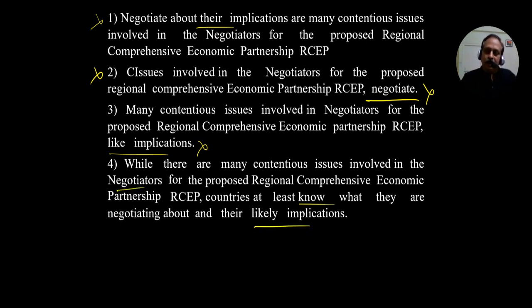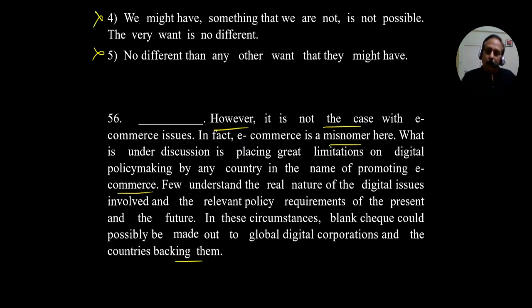In the case of RCEP, countries at least know what they are negotiating about and their likely implications. However, contrasting, it is not the case with e-commerce issues.